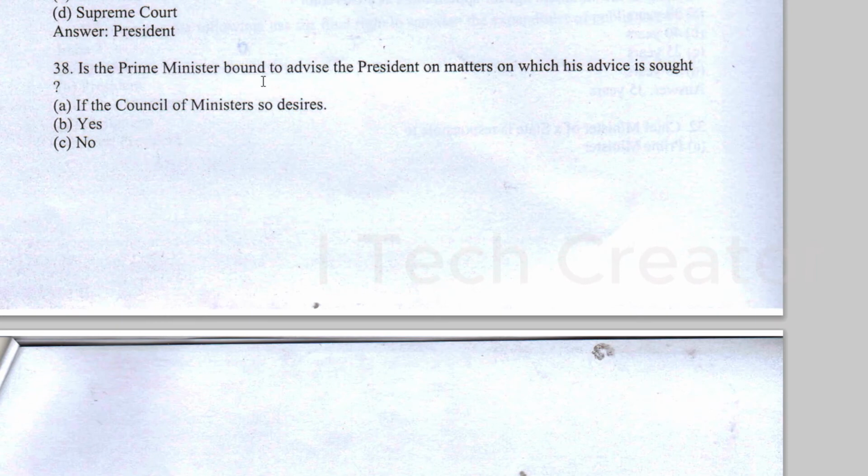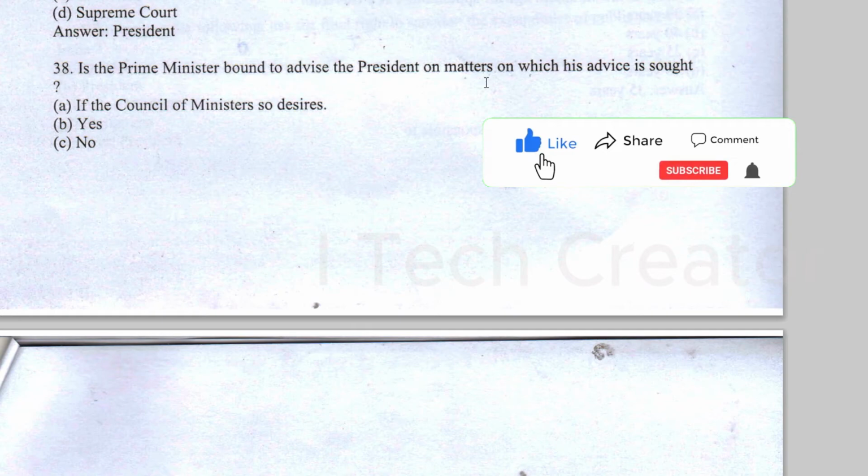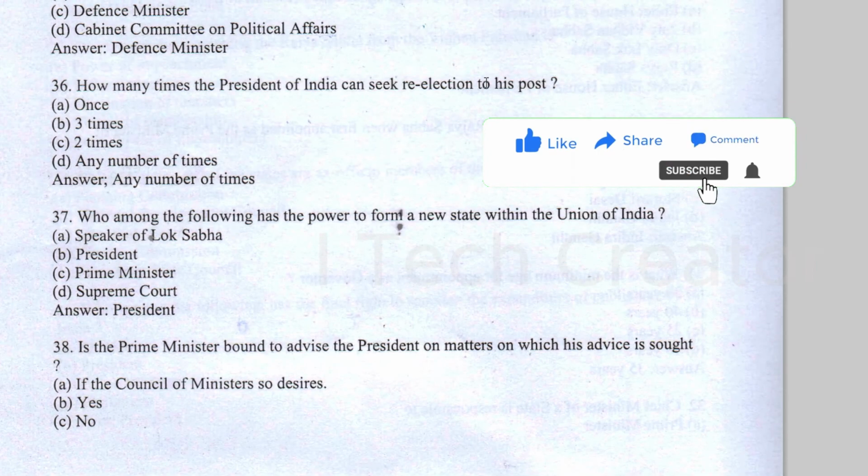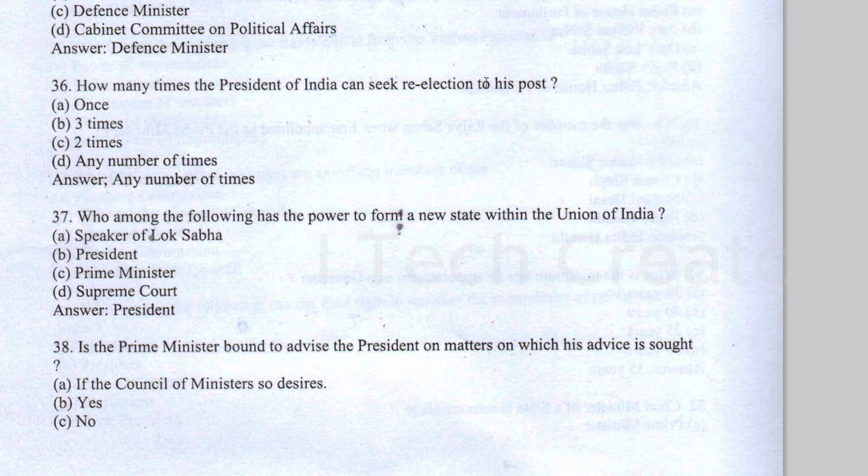Is the Prime Minister bound to advise the President on matters on which his advice is sought? Yes. Who among the following has the power to form a new state within the Union of India? President.